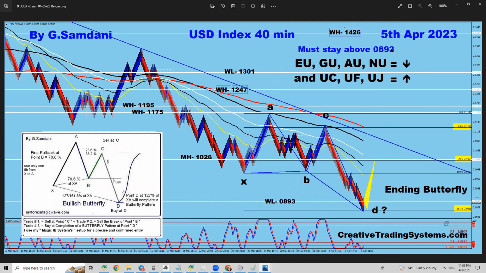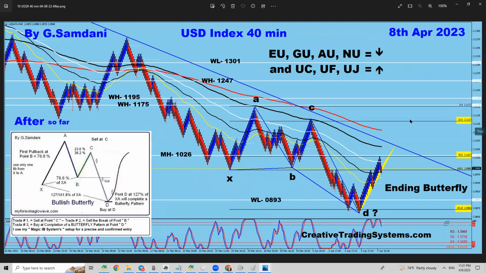I made it on the 5th, then the 6th in between, and then the 7th was the NFP. It says that USD is going to get strong, and this is the pattern it's making at 161%. And these 4 pairs will go down, and these will go up. So I posted this chart everywhere, and look what happened as of today.